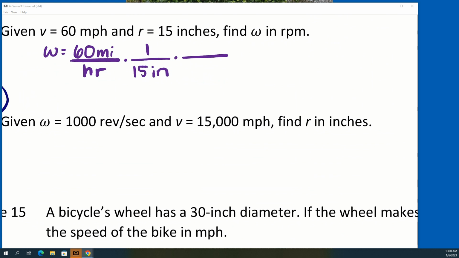On the top. So I know there's 12 inches in 1 foot, and that will cancel my inches. All right, and then I can use one fraction to cancel the miles and the feet. So since feet is on the bottom, I'm going to put feet on the top and miles on the bottom. So I know there's 5,280 feet in 1 mile.